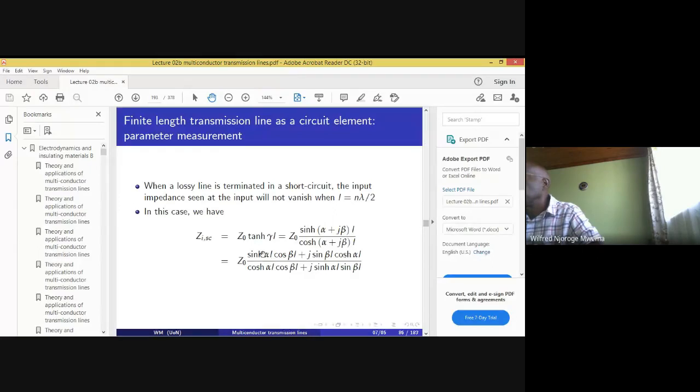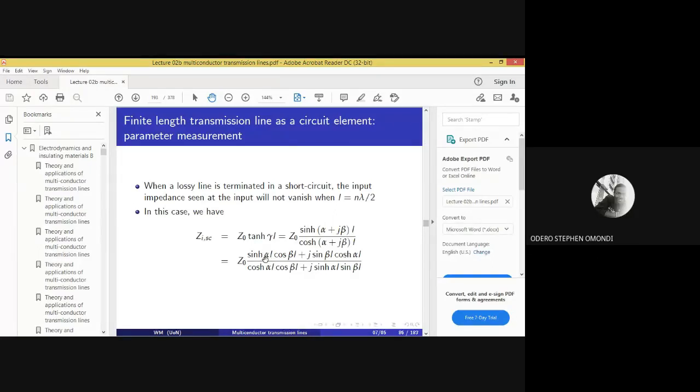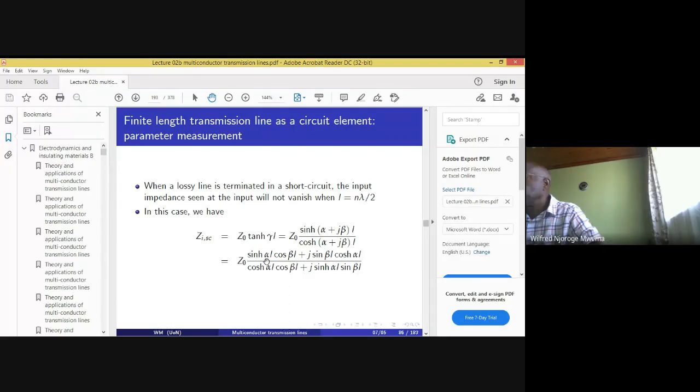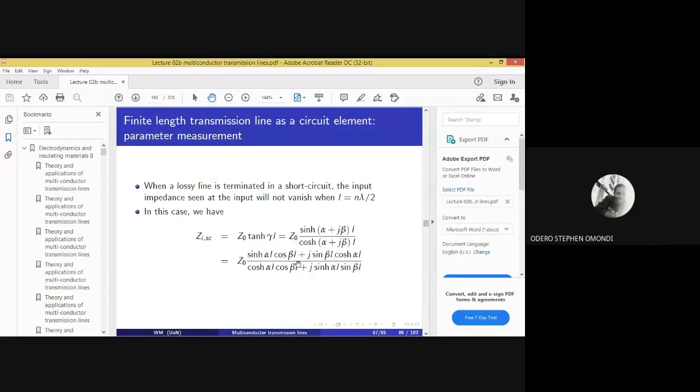This one? Yes. Oh, what do you mean is missing? This tangent here. Could you please tell me what the problem is? The L at the end, there's only supposed to be one in the numerator, not both in the numerator and denominator.